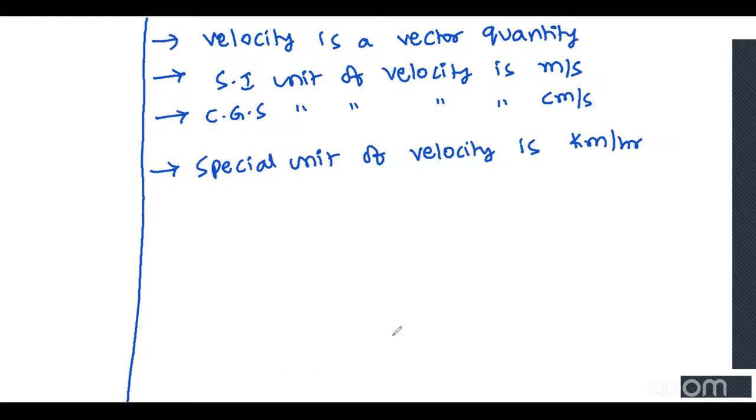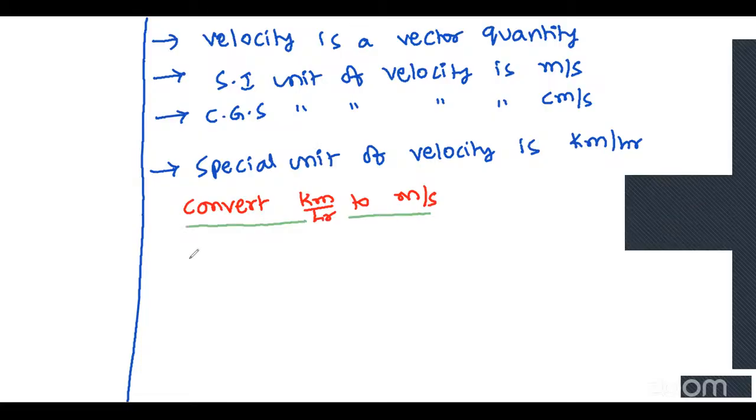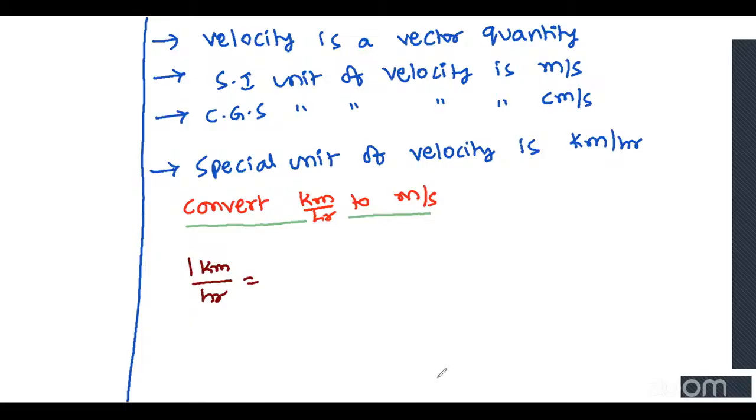Now we need to convert kilometer per hour to meter per second. 1 kilometer per hour: I need to convert into meters. 1 kilometer is 1000 meters. 1 hour equals 60 minutes, and 1 minute equals 60 seconds, so it is 3600 seconds.